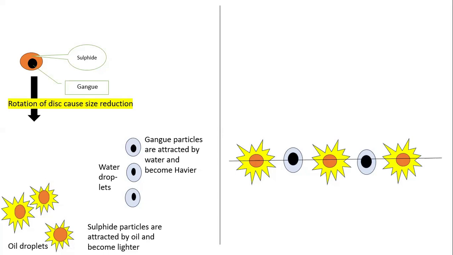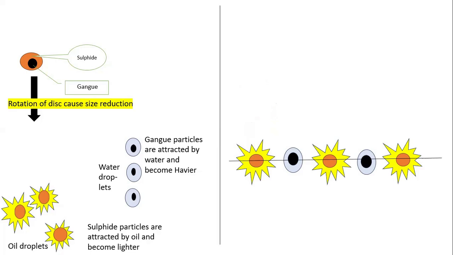Now see here, once all the mixtures are there, when the air bubble passes through this, it sticks to the oil droplets as the size reduction is done. So along with these oil droplets, the sulfide ions move in the upward direction. This is the baseline where all your particles, gangue as well as the sulfide particles, along with the water and the oil are present.